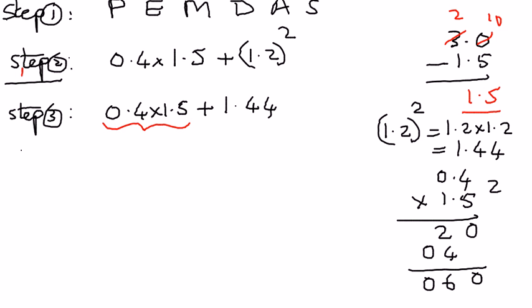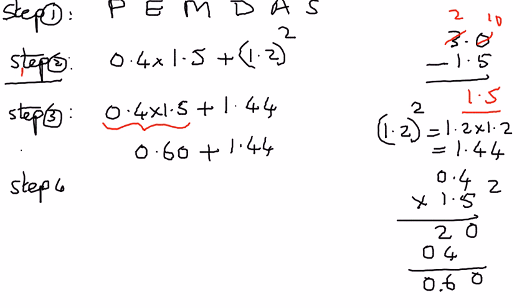We have 1 decimal place in the first number and 1 decimal place in the second number, so we need to move the decimal point 2 places from right to left. Therefore 0.4 times 1.5 comes out as 0.60 plus 1.44. That is how we simplify the multiplication part of the decimal ones.